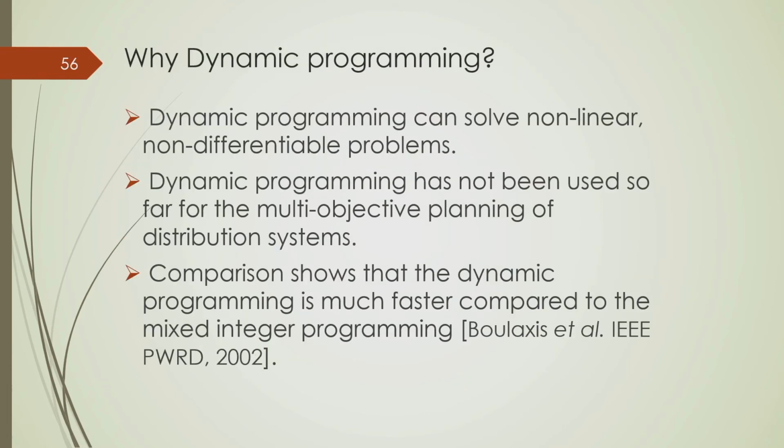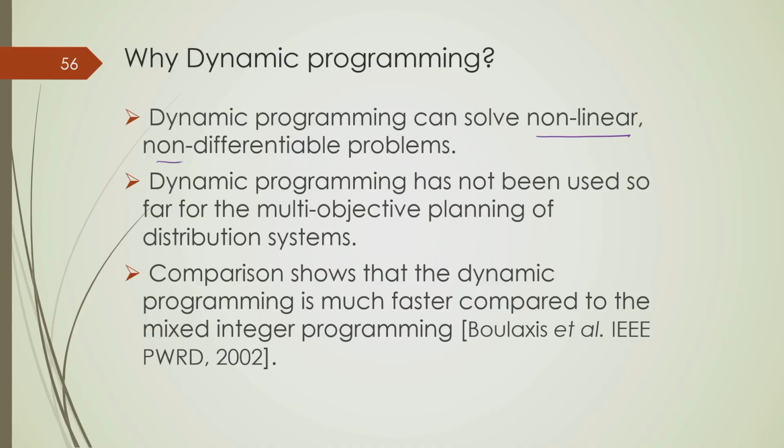Okay. Now, why have we chosen dynamic programming? Because it is not a solution strategy which is very problem specific, unlike linear programming, and so it can work with any type of problem, whether the problem is non-linear or non-differentiable.